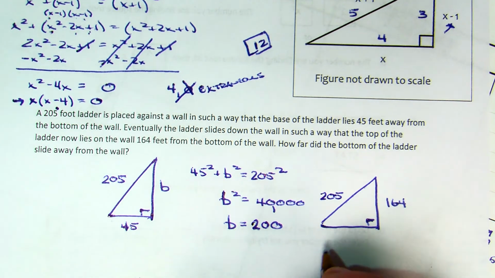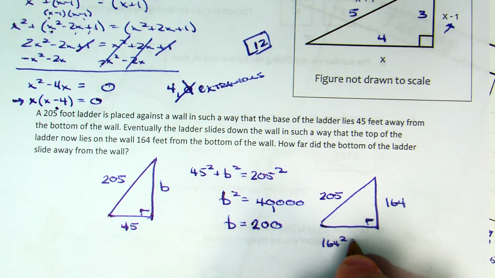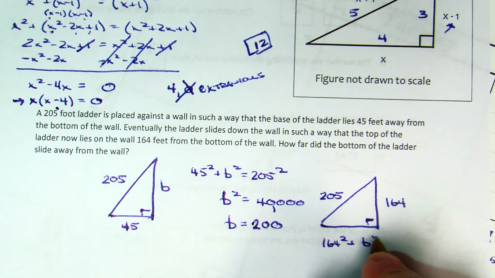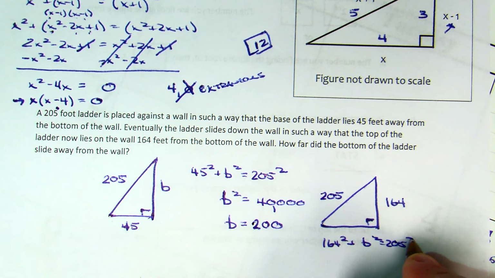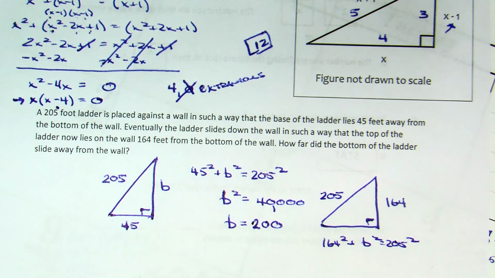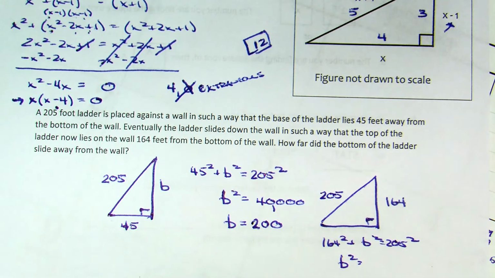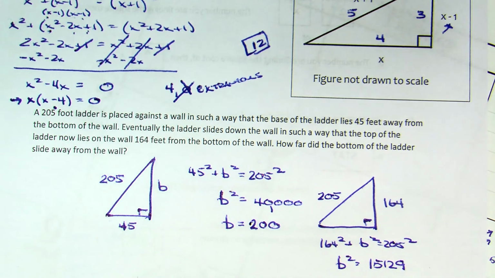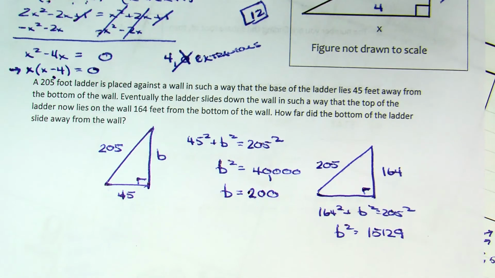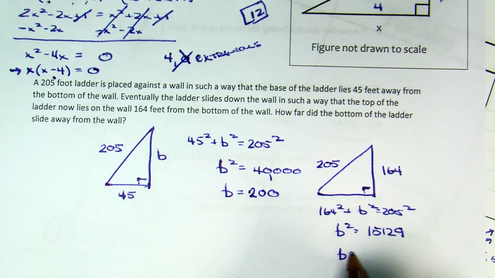Pythagorean. 164 squared plus B squared equals 205 squared. Once again, how would you undo the square? Square root. B equals 123.